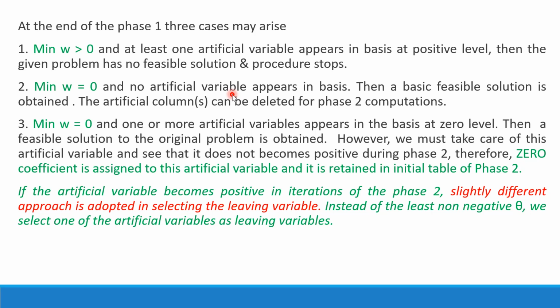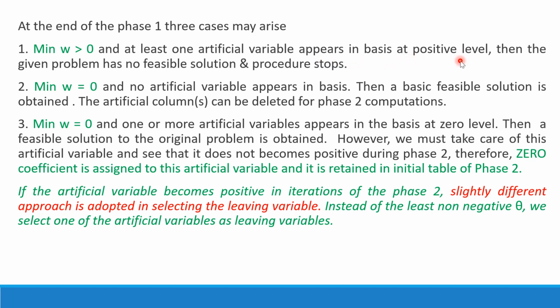In this video we'll cover case number 1, where at the end of phase 1 we come across a case in which minimum W is greater than 0 and at least one artificial variable is present in the basis column with positive level.